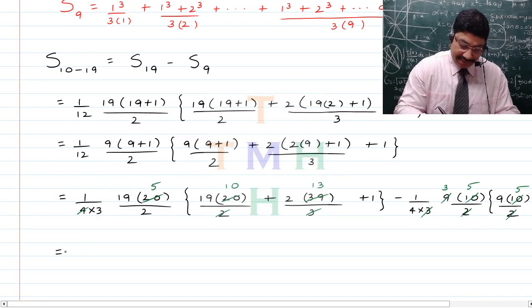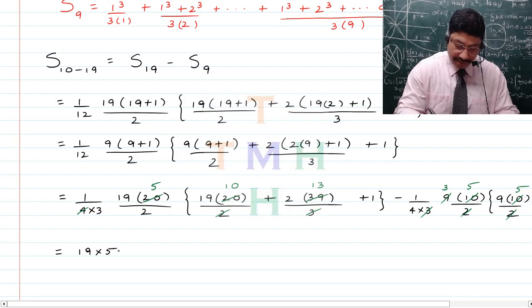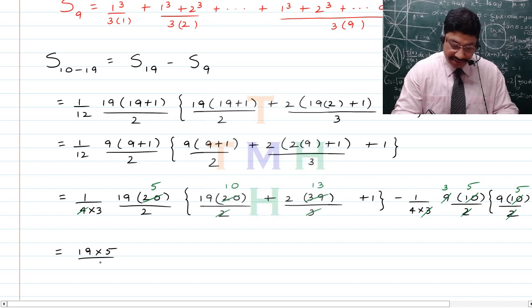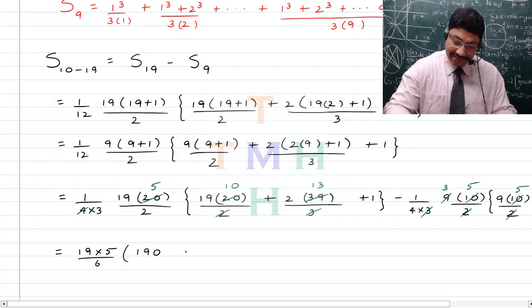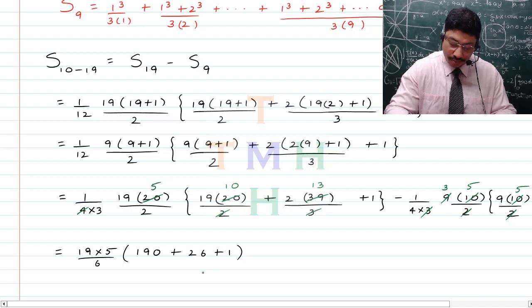So here we are left with 19 into 5, which is divided by 6, and further then we have here 19 into 10, which becomes equal to 190, to which is to be added 3 into 2, which is 6, to which is to be added 1, right?